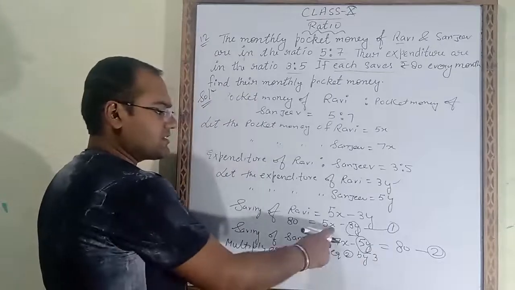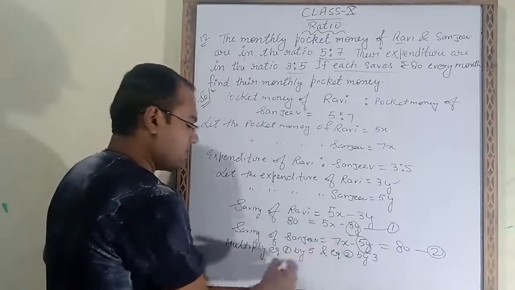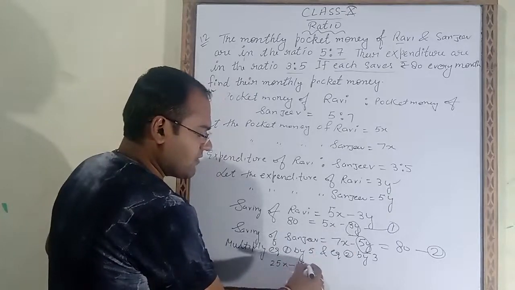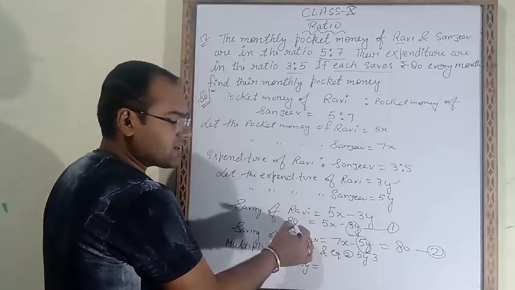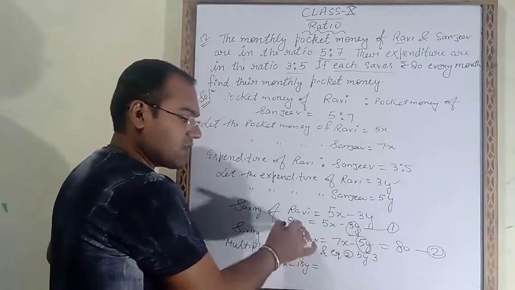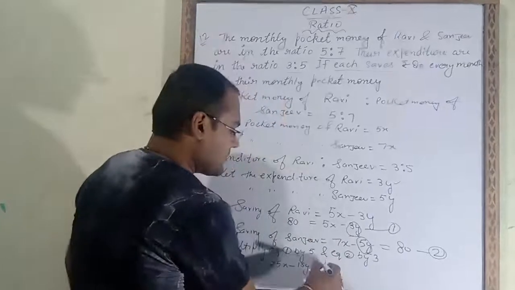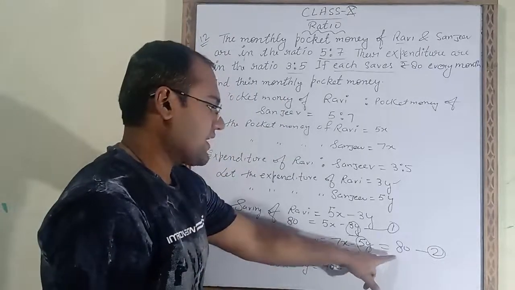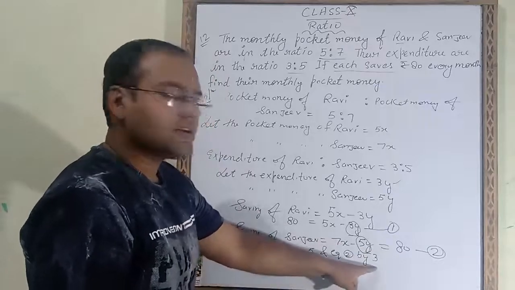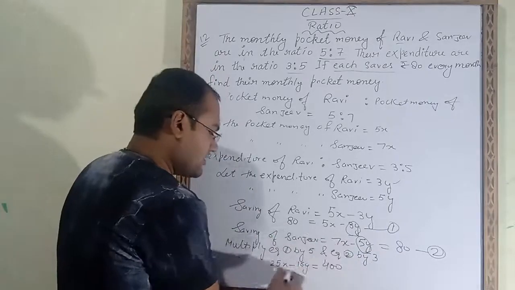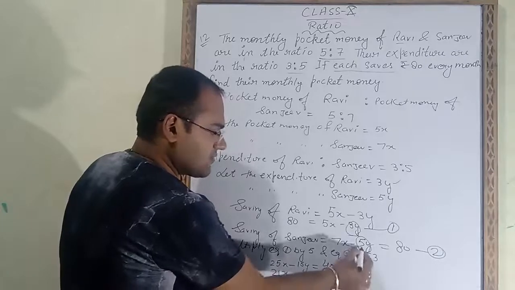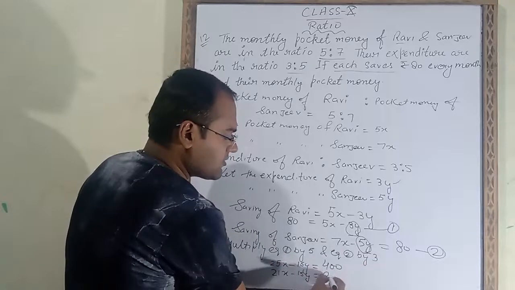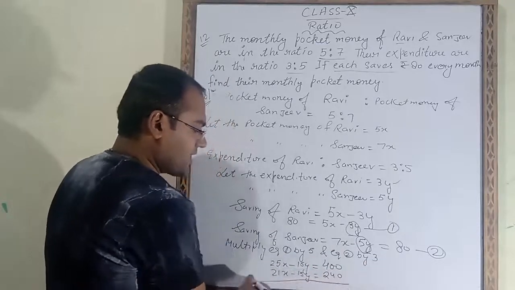On multiplying equation 1 by 5, this will become 25x minus 15y equal to 80 times 5, so this will become 400. Now the second equation we have to multiply by 3. So this will become 21x minus 15y is equal to 240. Now we will subtract these two equations.